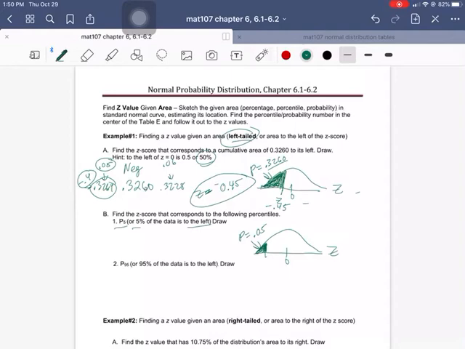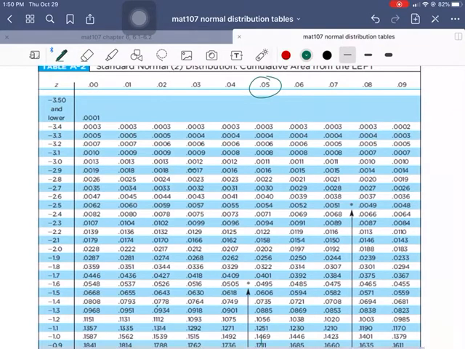Clearly, it's negative, so I'm looking for 0.05 in the negative chart. There's 01, 03, there's an 05. 0.05 falls between these two. Sorry, I didn't mean to cross them out. Right here where that's pointing is your 0.05.